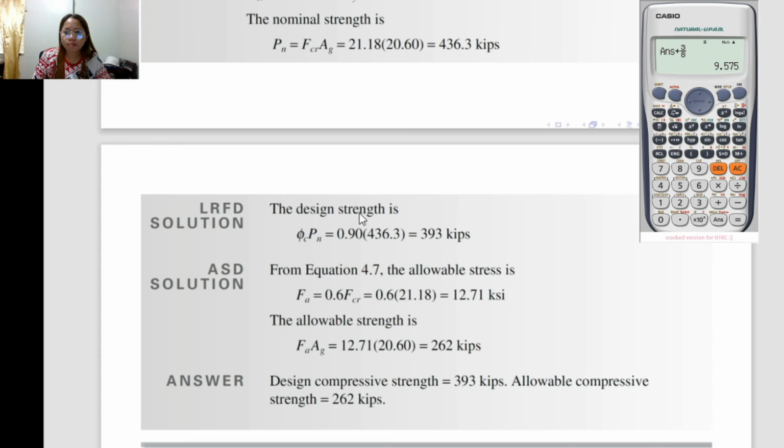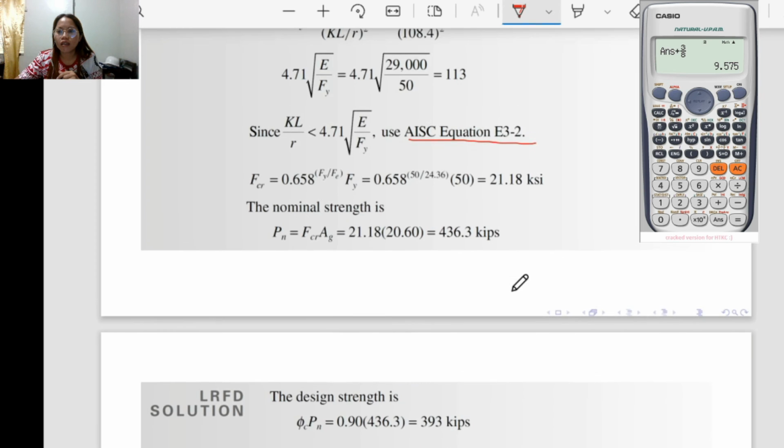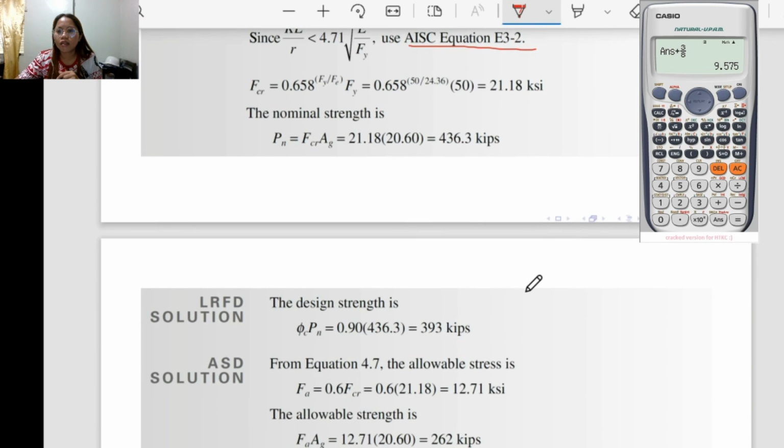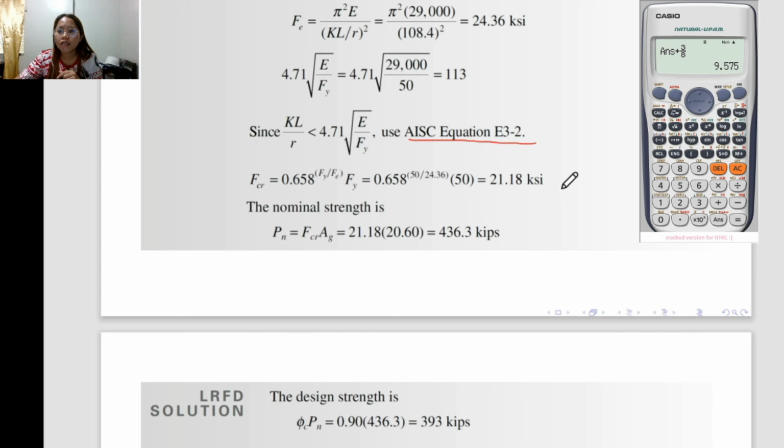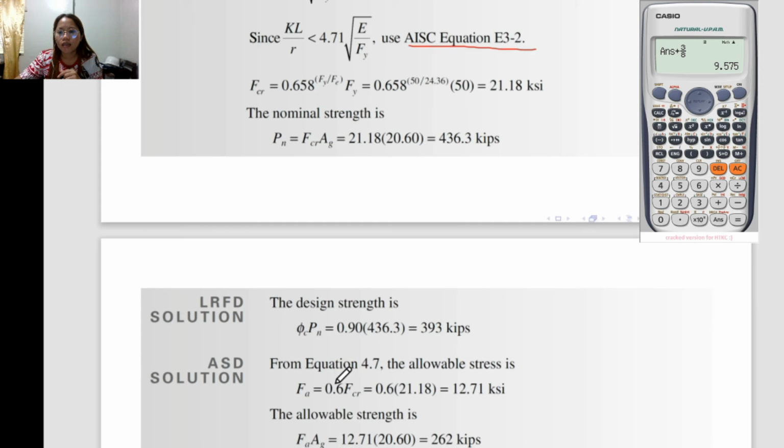And for ASD, from equation 4.7, the allowable stress is, alright, if I try to solve this one, okay, using this critical buckling stress now for ASD and use this 0.6.